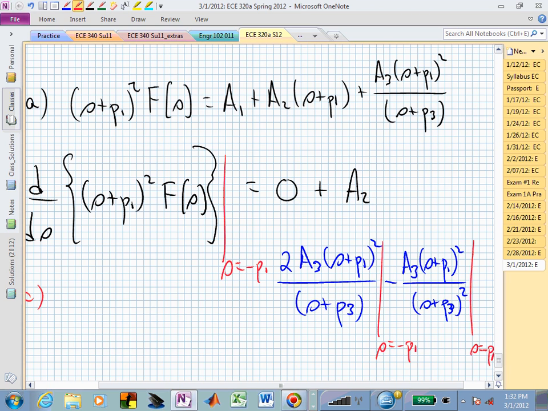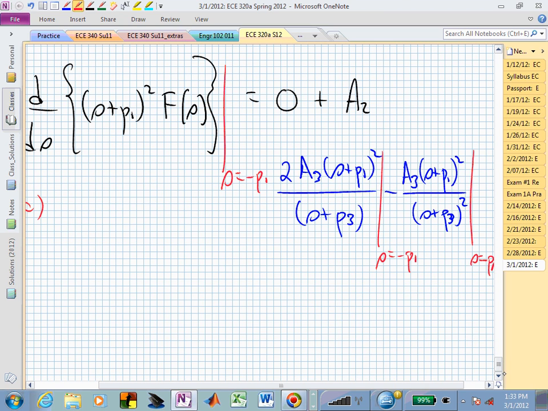That's the whole point of doing that. And all we are left with then is a sub 2 isolated on the right, and then maybe this a little bit more interesting expression on the left. We differentiate s plus p1 squared times f of s with respect to s, and then evaluate that at s equal to minus p1.